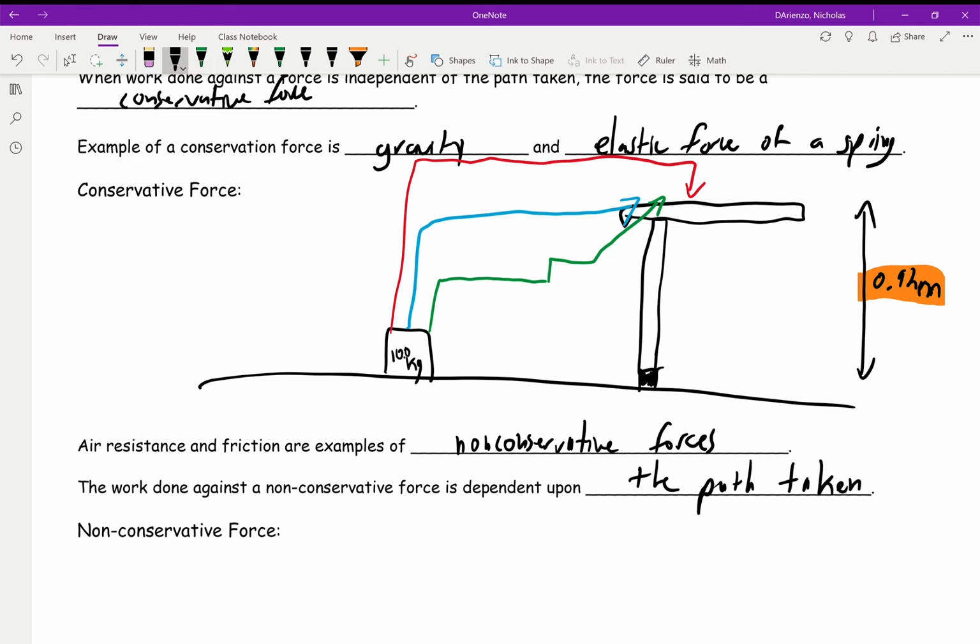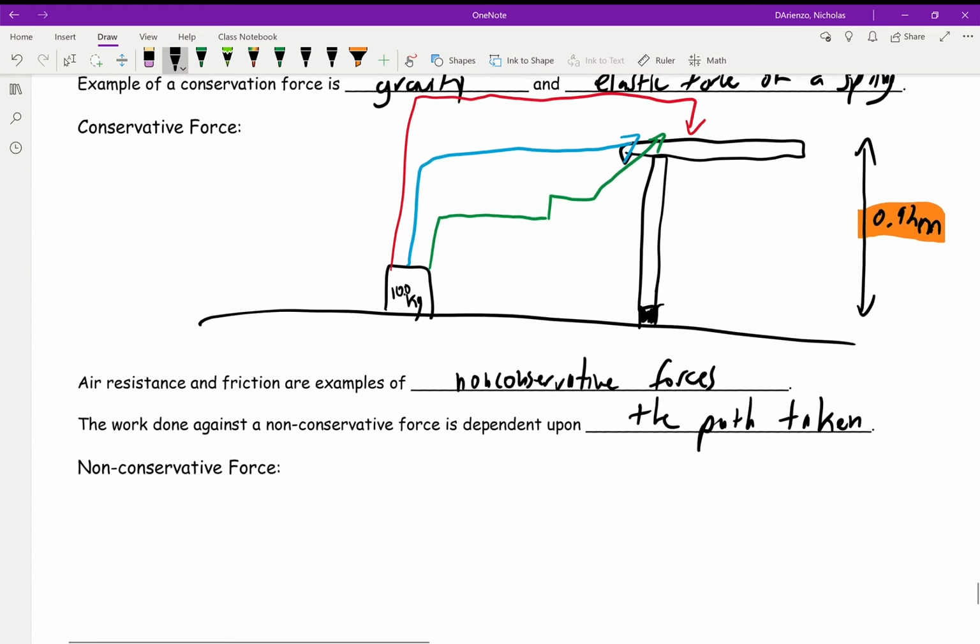And if you think about that, if you were moving that 10 kilogram weight across a surface, or even just dealing with air resistance, the more you're moving that in more directions, the more air resistance you're going to experience, the more friction you're going to experience, which is therefore going to change the work being done.